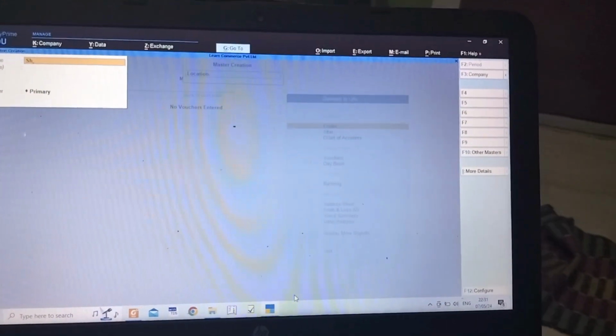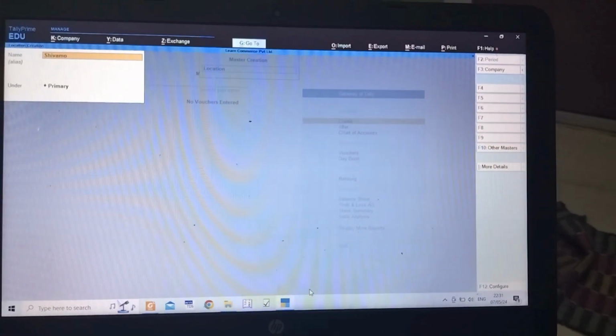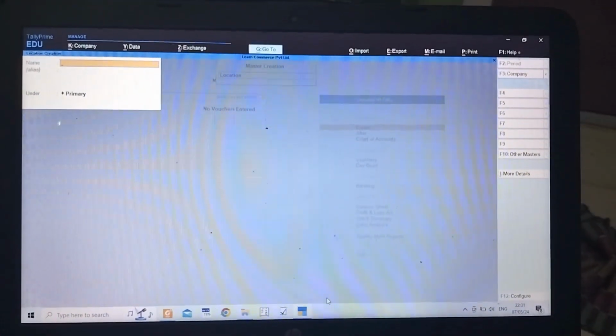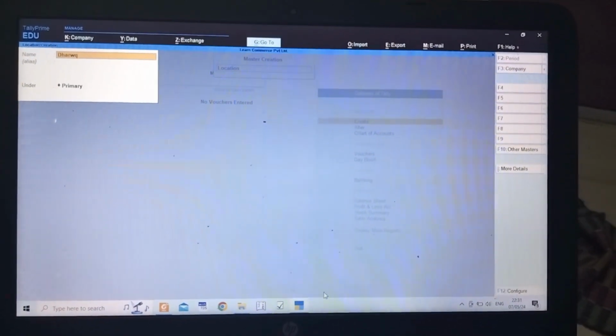So one will be Bengaluru, I created one. Second one is Shivamogga. Third one I am giving Dharwad.